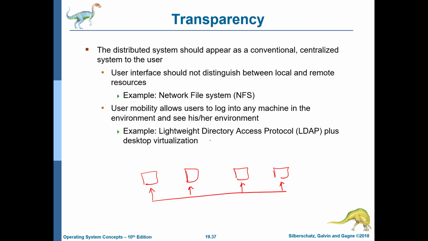So the NFS file system is definitely one example of location transparency. The other is allowing user mobility, which allows the user to just move around and log in on any machine in the lab.